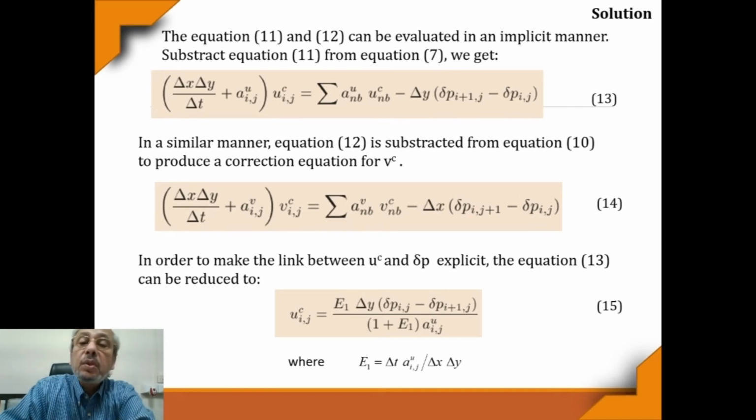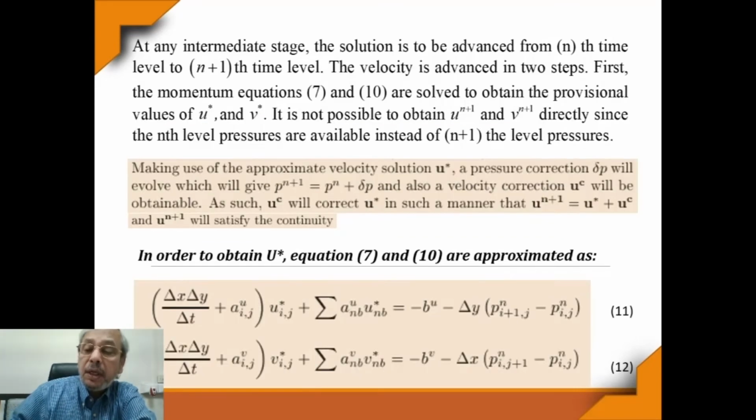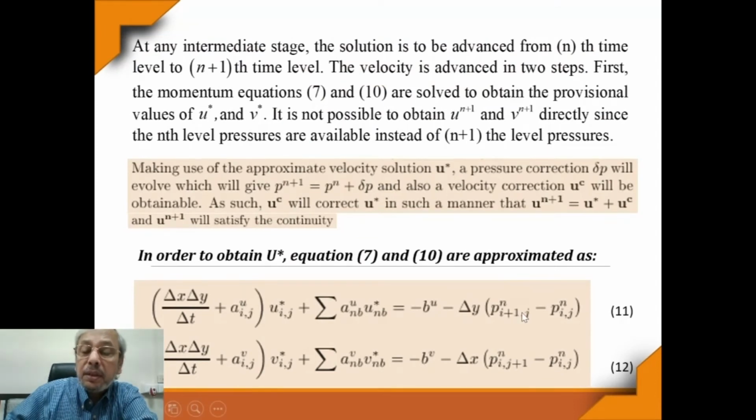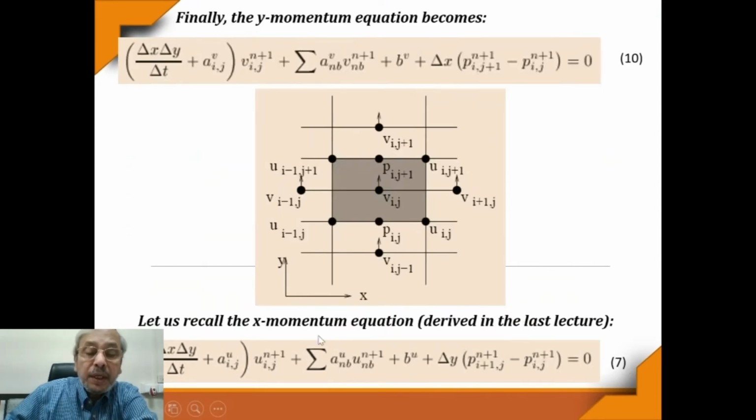Now, that is why, equations 11 and 12, if we look at them carefully, and equations 7 and 10, let us compare equations 7 and 11. Both are x momentum equations. In equation 7, everywhere we have written u ij and their neighbors u i plus 1 j, u i minus 1 j, u ij plus 1, u ij minus 1 at the level n plus 1.